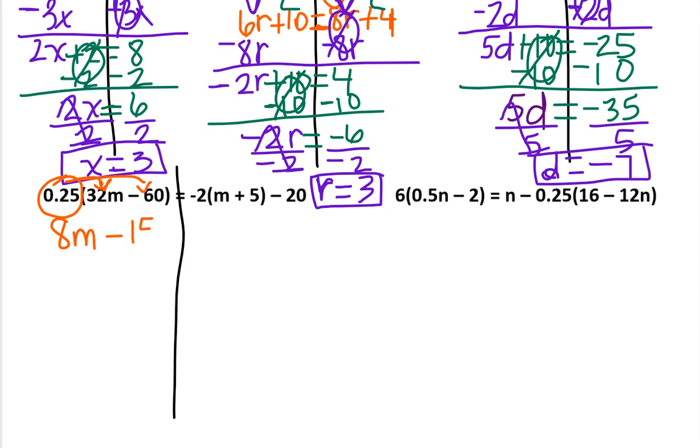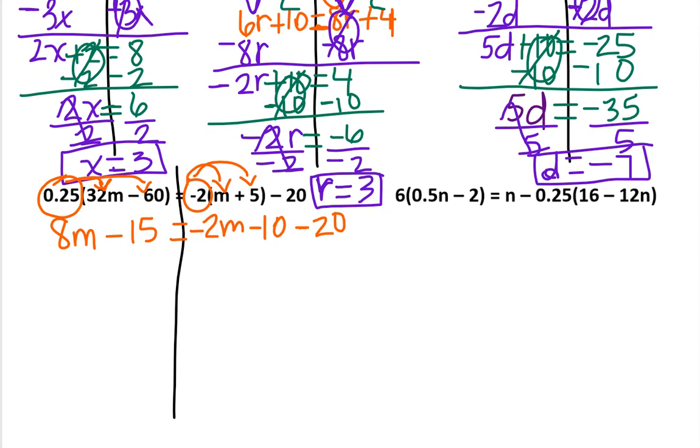So now the left side doesn't look that bad. Is equal to, I'm going to distribute this negative 2 times m is negative 2m. Negative 2 times 5, that's negative 10. I don't distribute to negative 20 because it's not in the parentheses, so I just bring it down.